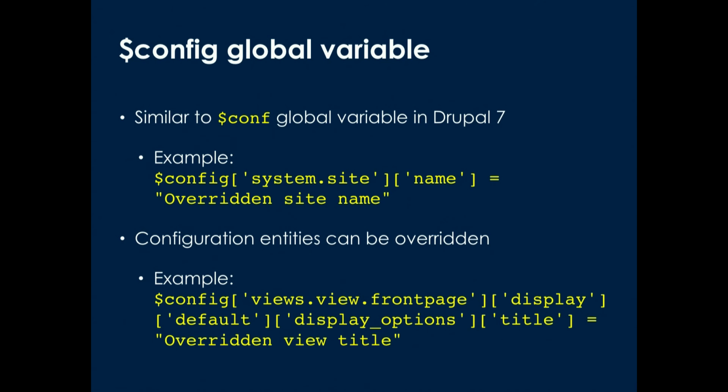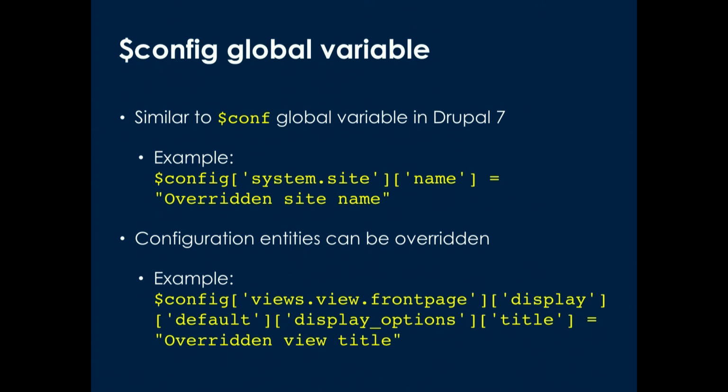The config global variable is very similar to the conf global variable in Drupal 7. It's just been renamed. And in this case, if we want to override the system site name, we just say config system.site name overridden site name. So it's slightly different from our Drupal 7 example, but still fairly similar. The difference is in Drupal 8, configuration entities can also be overridden.